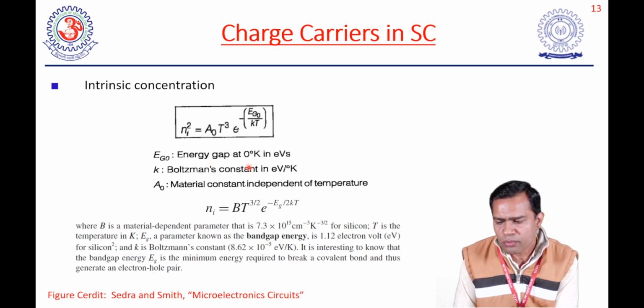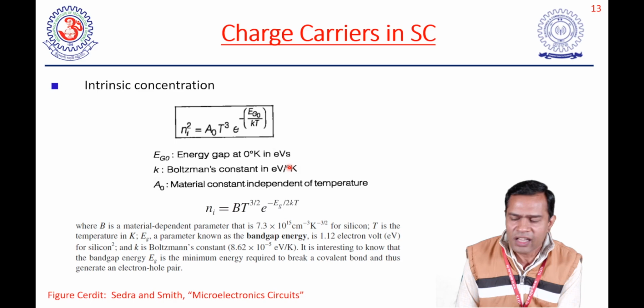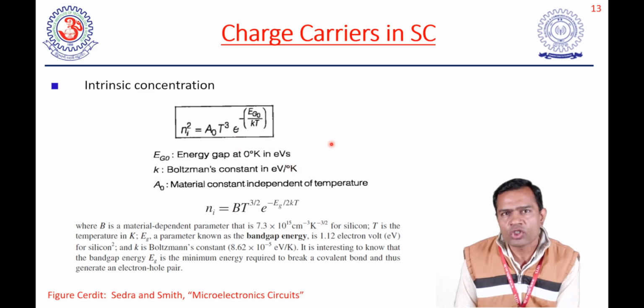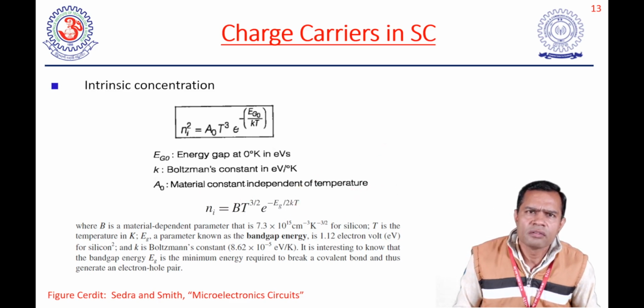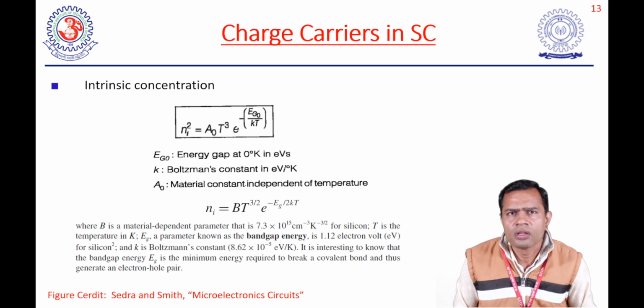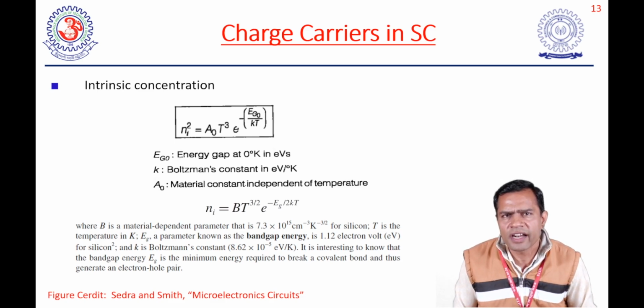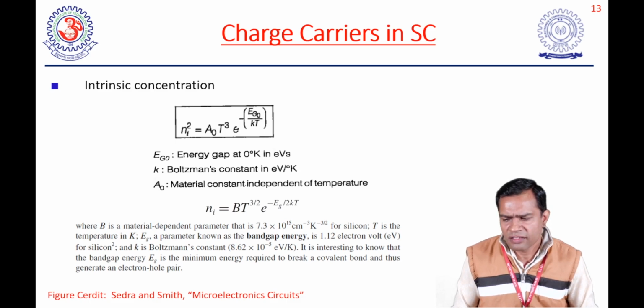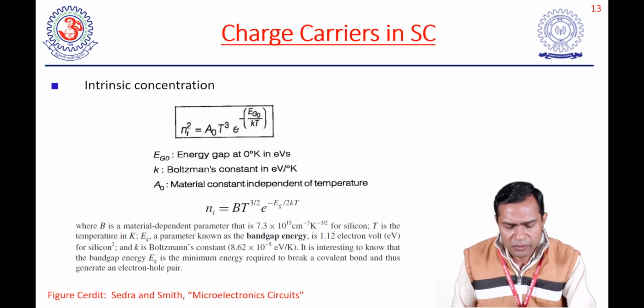K is the Boltzmann constant in electron volt per degree Kelvin, and T is the temperature in Kelvin. So we can find the intrinsic concentration, and A0 is the material constant. So easily we can find intrinsic concentration for any temperature. Generally we use the room temperature, that is 300 degree Kelvin, and we can find the intrinsic concentration.